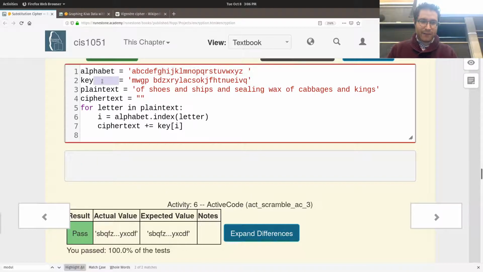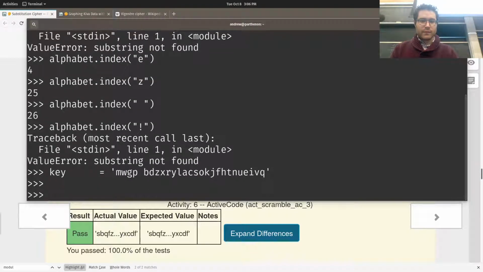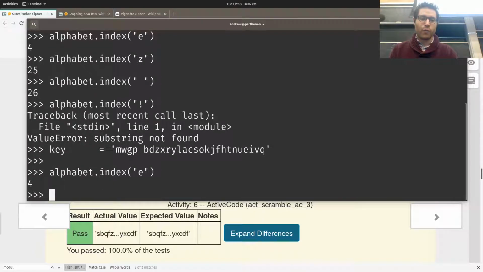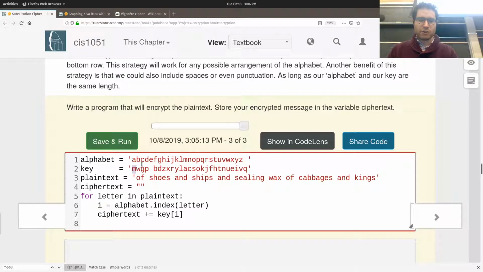So let's go ahead and grab key now. So now, right, what I can do is that if I find an E in alphabet, I can grab its index 4 and then ask key 4. What's at index 4 in key? And it will say space: 0, 1, 2, 3, 4.